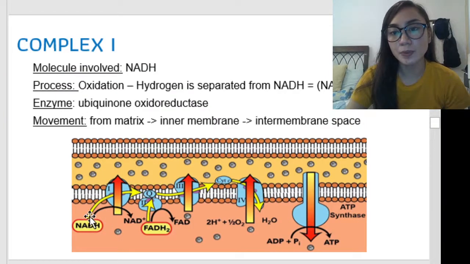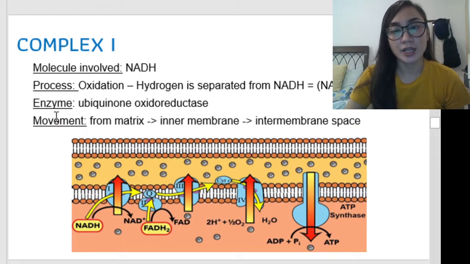So, yung yellow po natin dito, kung makikita nyo, all the yellow arrows represent the flow of electrons. So, yung electrons natin, diretso sa complex 1, no? Ang important process with complex 1 that you have to remember is the oxidation of our NADH to NAD+.